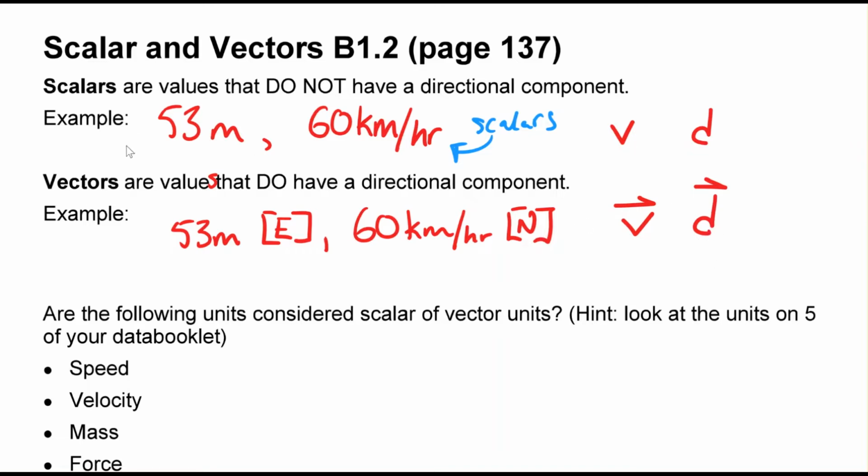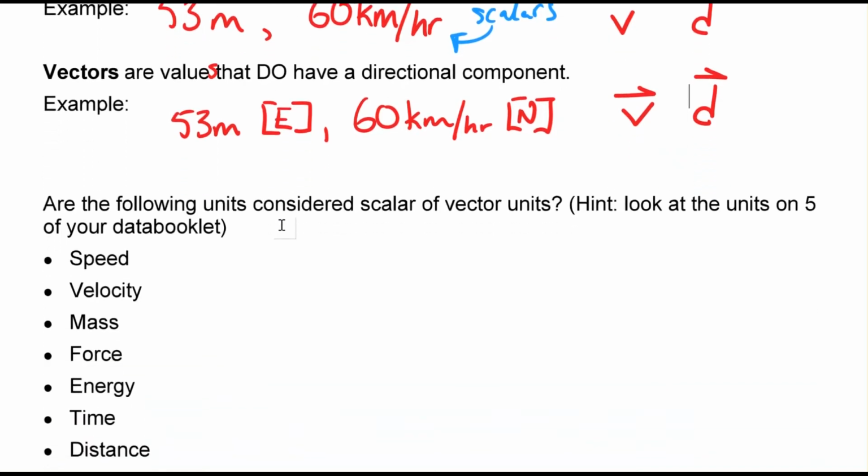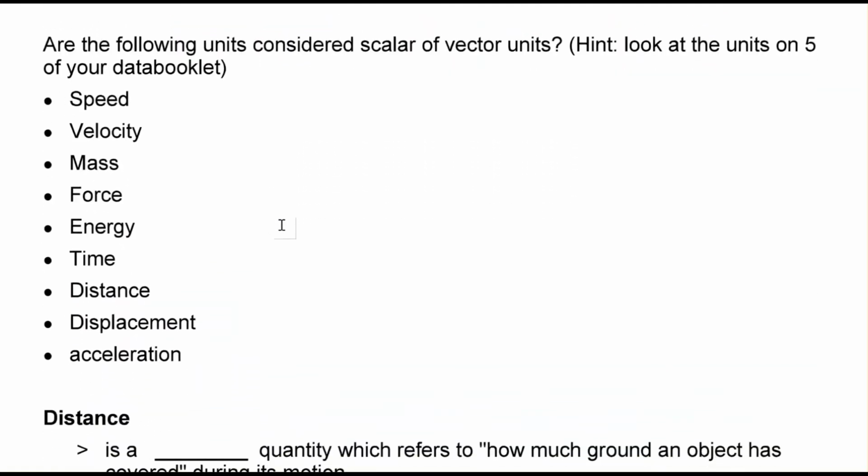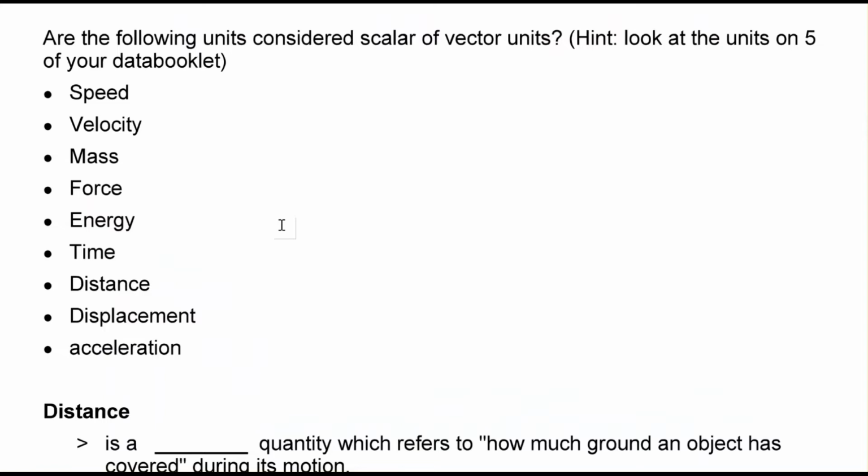Hopefully you can tell that the vector is the one listed with the arrow above it. Okay, no problem. So what we want to do is see if the following units are considered scalars or vectors, and we're going to look at page 5 of our data booklet.